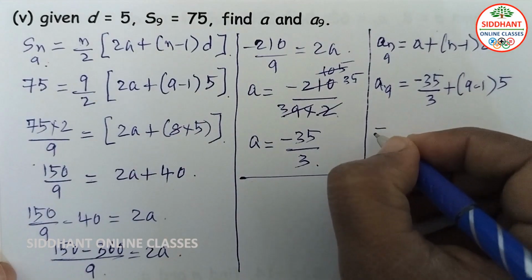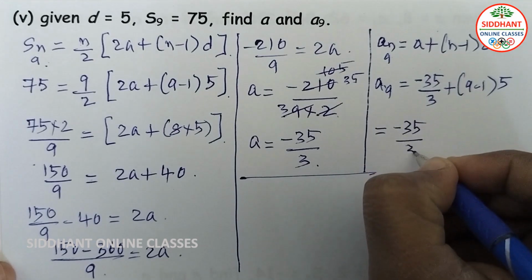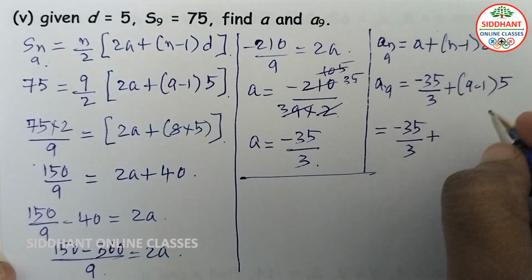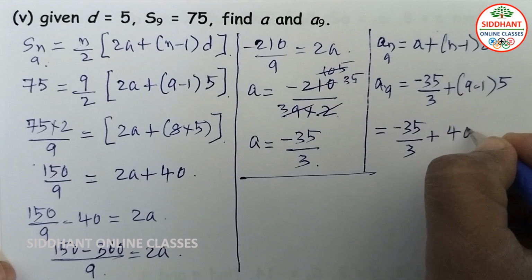So that equals minus 35 by 3 plus 8, 9 minus 1 is 8, and 8 into 5 will be 40 here.